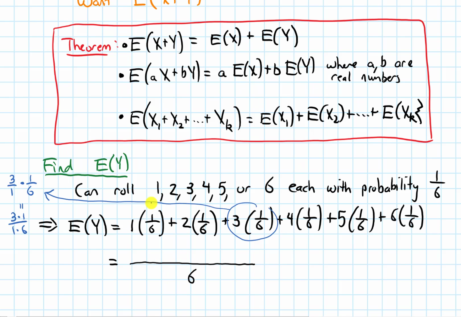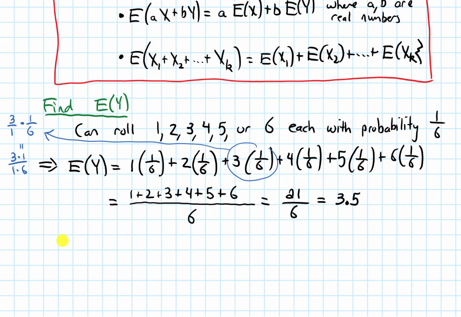On the numerator, I will first have 1 times 1, which is 1, 2 times 1, which is 2, plus 3 times 1, which is 3, and then plus 4, plus 5, plus 6. Adding those together, we get 21 on the top, 6 on the bottom. If I write this as a decimal, this is 3.5. So that is the expected value of y.